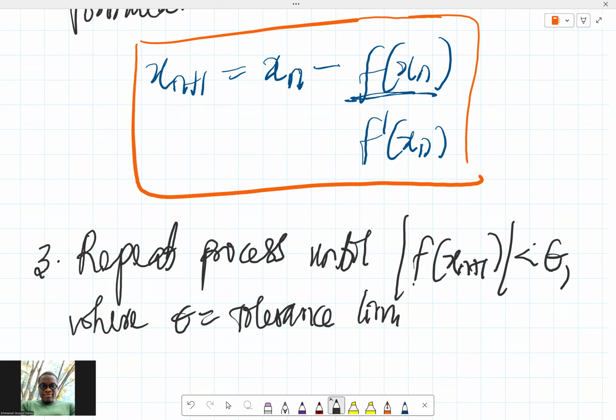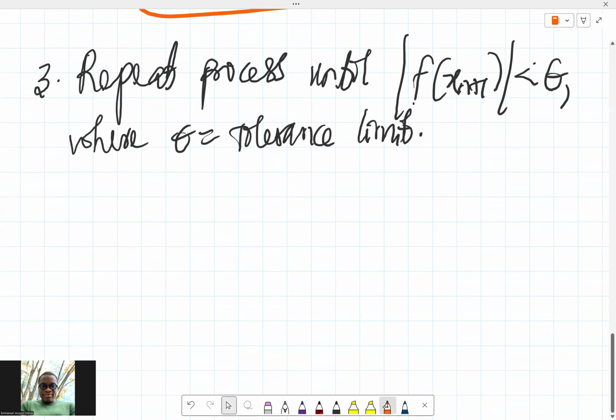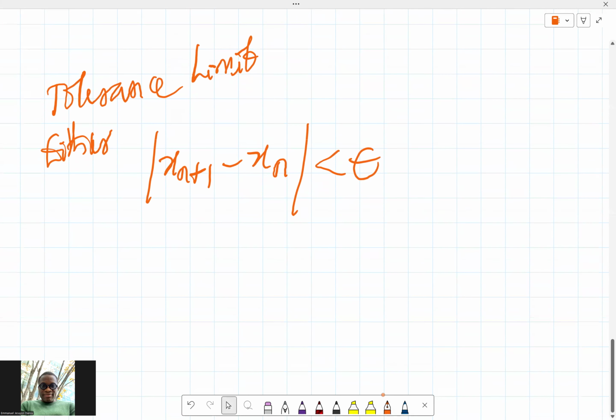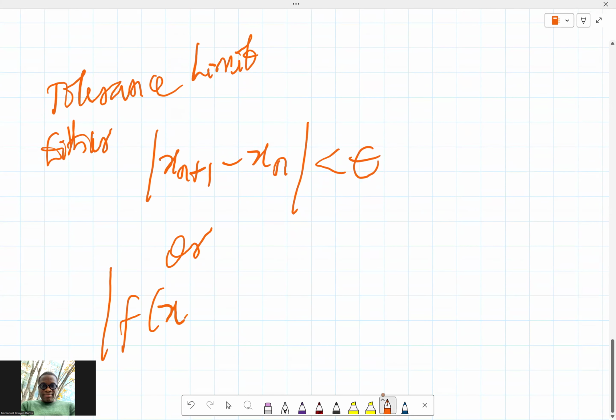So far we have seen that we can check the tolerance limit in two ways: either check that the absolute value of xn plus 1 minus xn is less than epsilon, or check that the absolute value of f of xn plus 1 is less than epsilon. Those are the two possibilities for the stopping criteria.